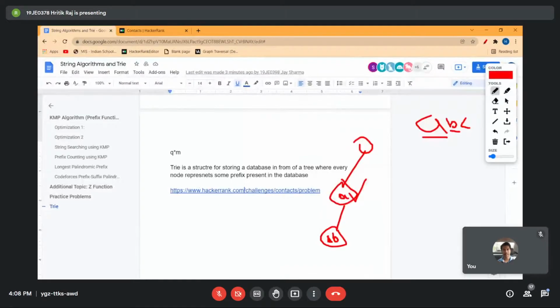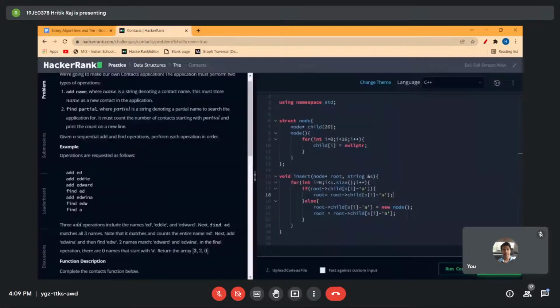After A, now we will check for B. B is present there. This node is representing B, and this edge is representing A. After that, we will go to C. Because C is not already present, we are using new node here.